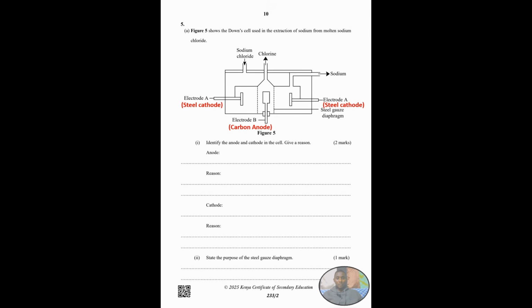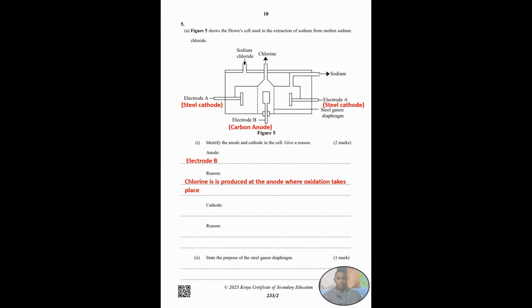So that's the work of the steel gauge diaphragm. So looking at the questions: identify the anode and cathode in the cell, and give a reason. The anode, as I've said, is electrode B, and the reason we are saying it is electrode B is because chlorine is produced at the anode, where oxidation takes place.